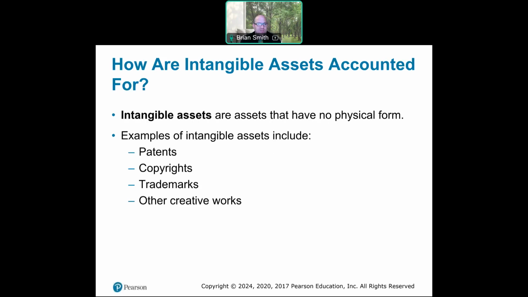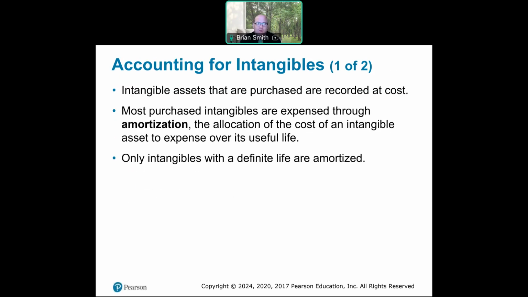Another intangible asset is goodwill. Goodwill is a very common asset that companies have when they purchase another company. If they pay more for it than the assets they're buying are worth, then they are basically giving more for it. That's called goodwill. And that is tested for impairment and not amortized.